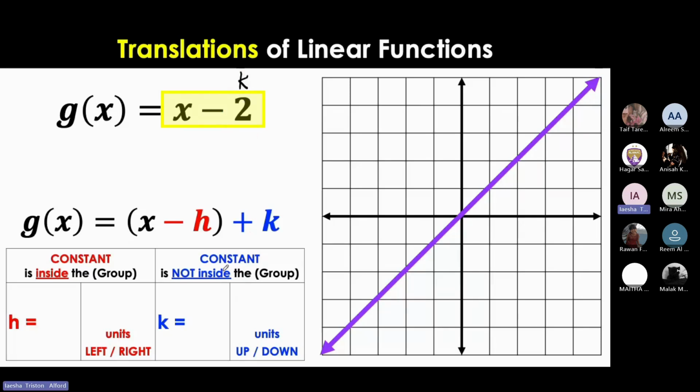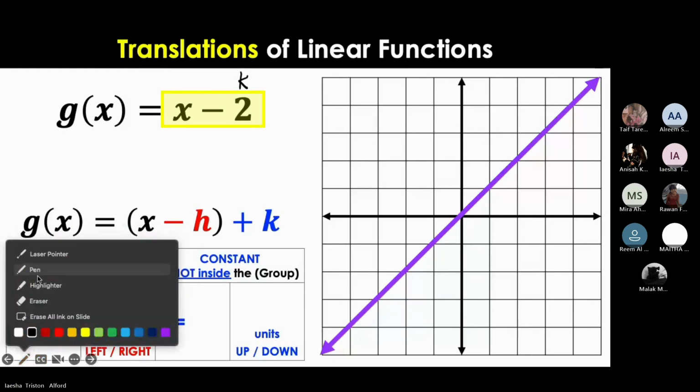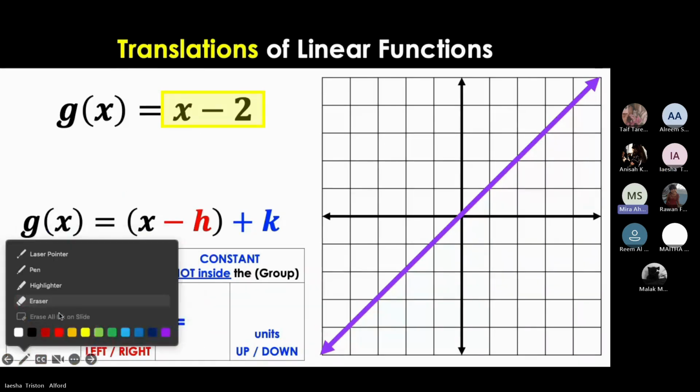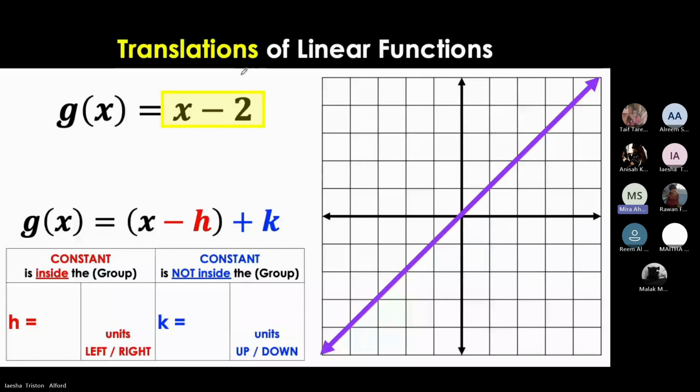It's called K. What number is K? Sorry, negative 2. So K is negative 2. So it means we're going to move 2 units up or 2 units down. 2 units down.